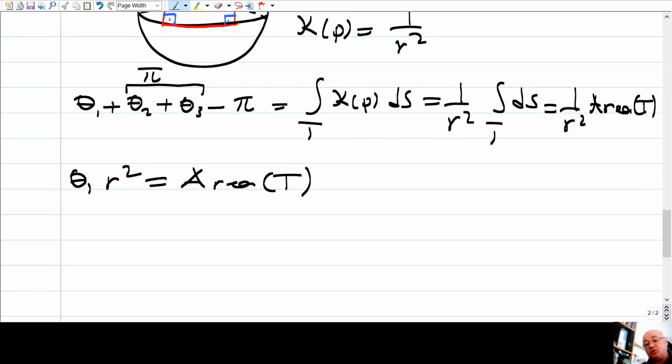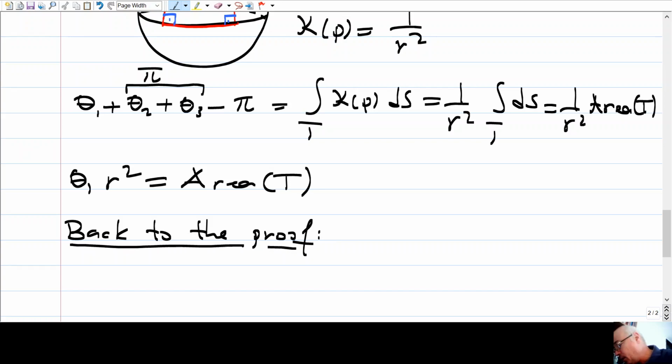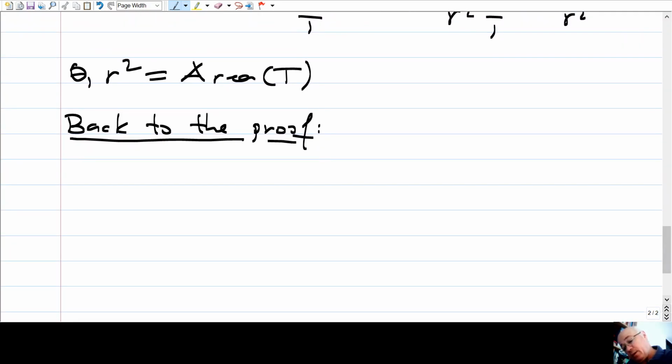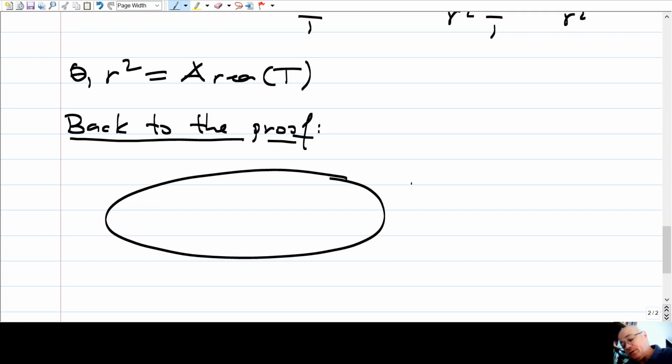All right, back to the proof. So this is my surface sigma g. It has genus g. Let's take a triangulation of this surface.